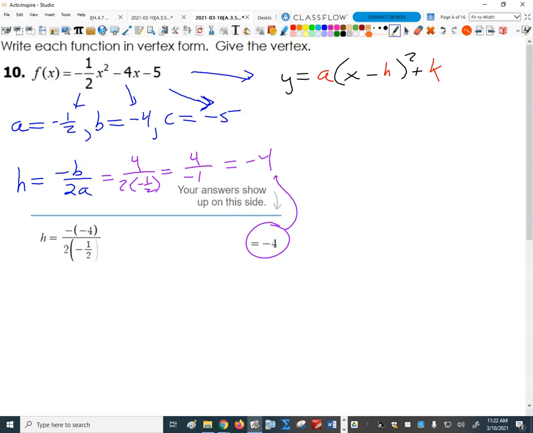And now I'm just going to use Desmos to calculate K. I'm just calculating f of negative 4, right? So let's do that in Desmos.